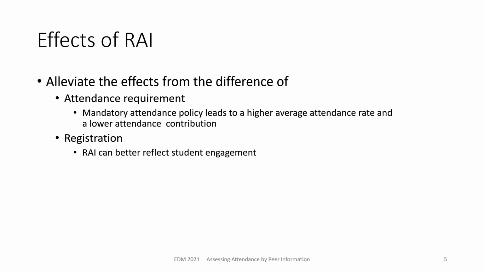Since RAI can better reflect the engagement of students, we can compare students with different registrations. Finally, RAI is adapted to the attendance level. Therefore, it can be applied to compare the attendance of online and offline courses.